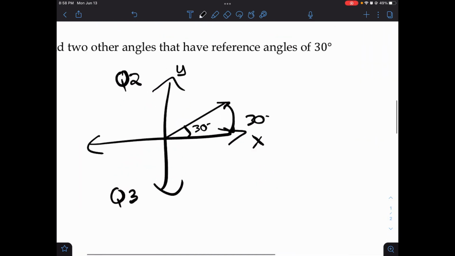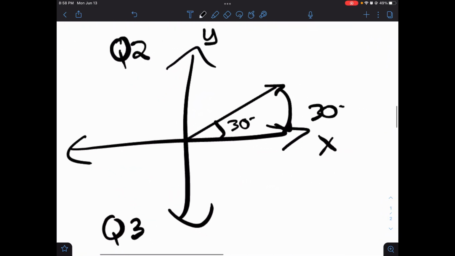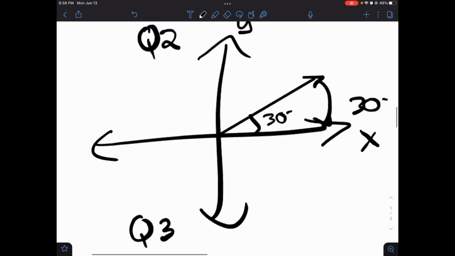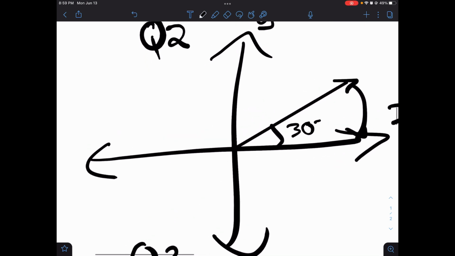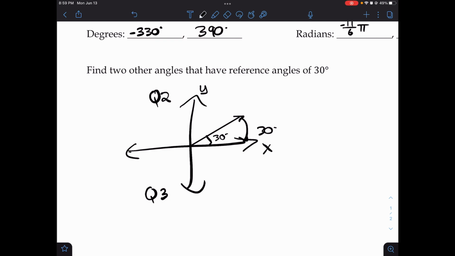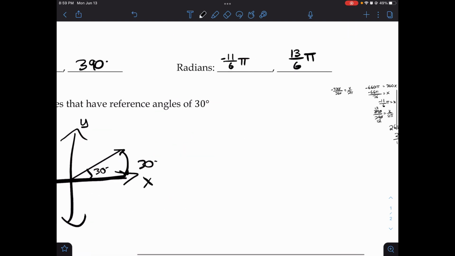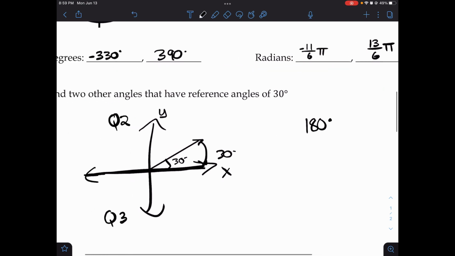Okay, so this is a simple one because we know that this angle right here will be 180 degrees, right? Meaning the x-axis is 180 degrees in quadrant 2.